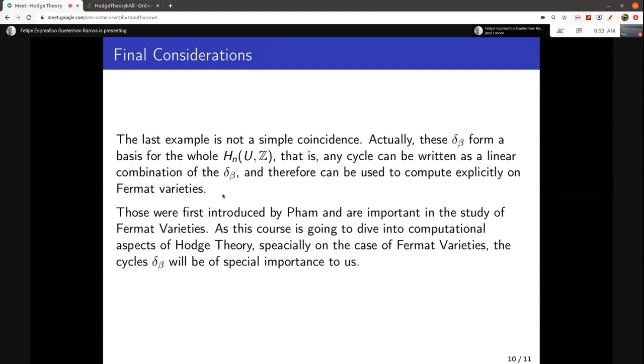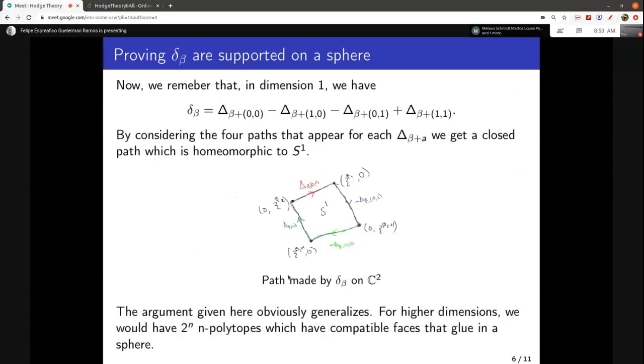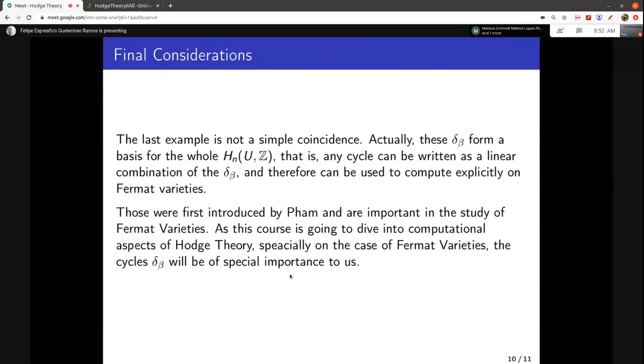And then these delta betas are important because we can write the form with a matrix using these delta betas, and we can also explicitly compute cycles here by writing terms of the delta betas. And these delta betas are simple, right? They are not really complicated objects. So it seems to be a nice way to explicitly compute things in Fermat varieties.